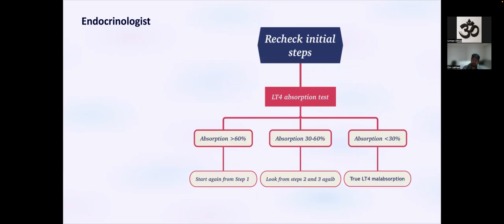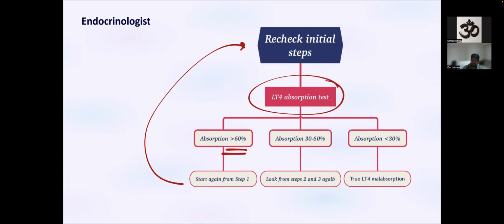So what does the endocrinologist do? He would do a levothyroxine absorption test. If absorption is more than 60%, he'll go back to the initial steps. If it's 30 to 60%, look at some of the other steps again. And if less than 30%, definitely think of levothyroxine malabsorption and do related tests.